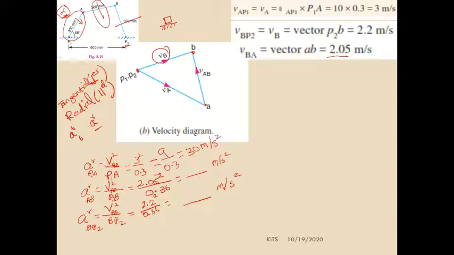In the question, if they give the value of this alpha, angular acceleration, then it will have the tangential component. If they didn't, it will not have the tangential acceleration component. This condition applies only for the crank.